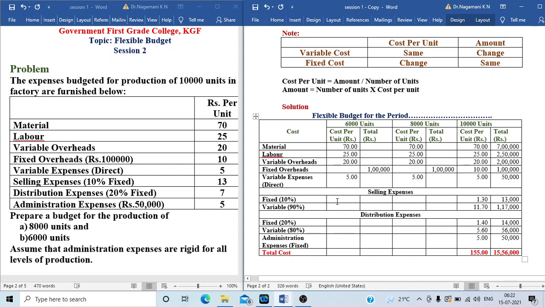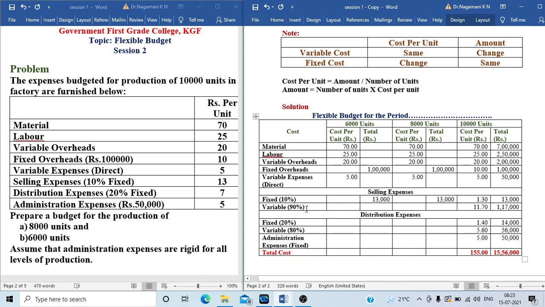Then here selling expenses, for that fixed is 10%. Fixed cost amount will remain same. What is the fixed cost amount? 13,000. That we need to enter in the amount column. 6000 units 13,000 and also for 8000 units also 13,000.